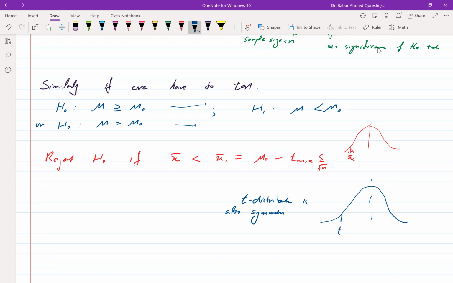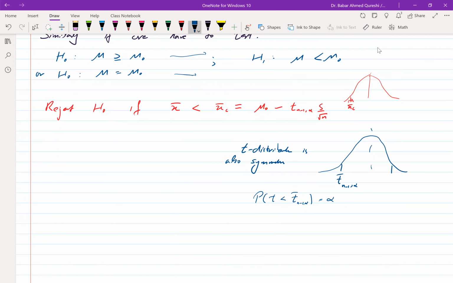So in principle, I should be writing this critical value, t n minus 1 alpha, where this is defined by the probability of T being less than t n minus 1 alpha is equal to alpha.